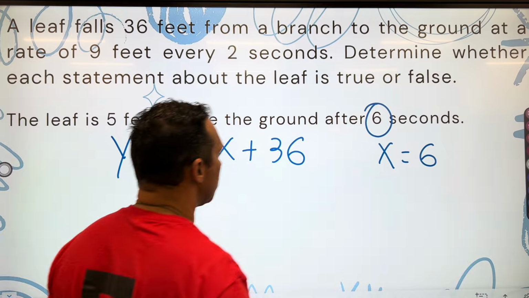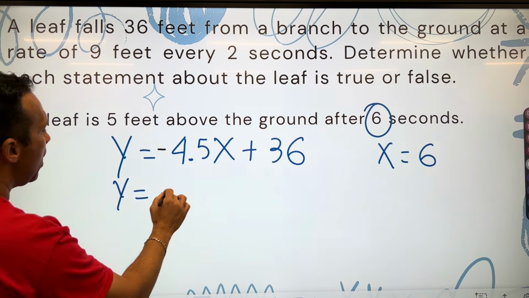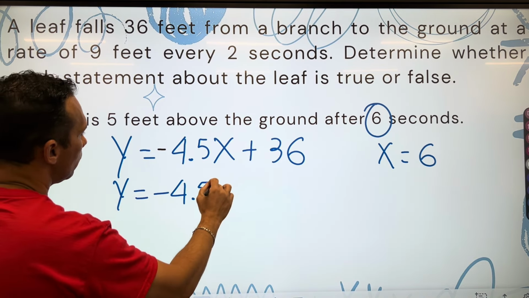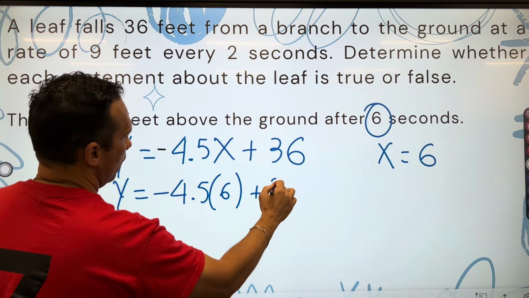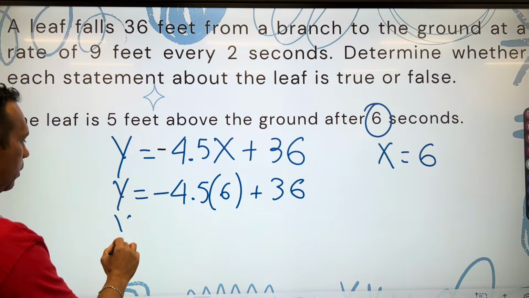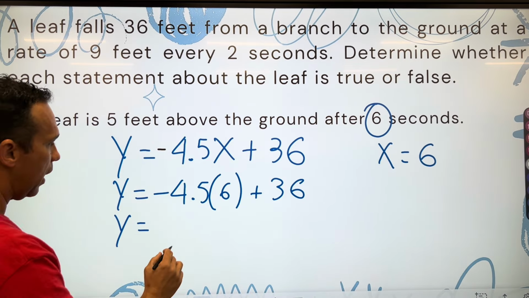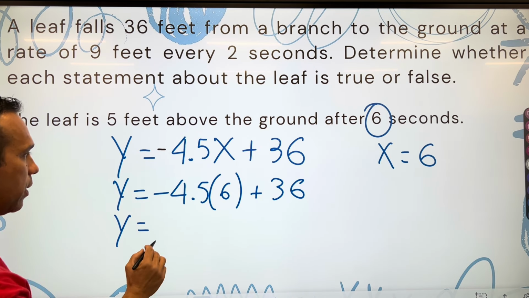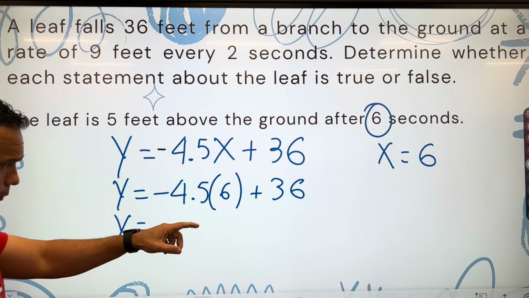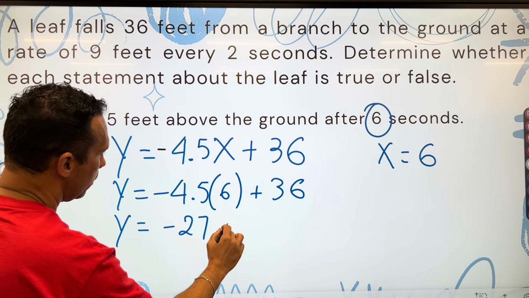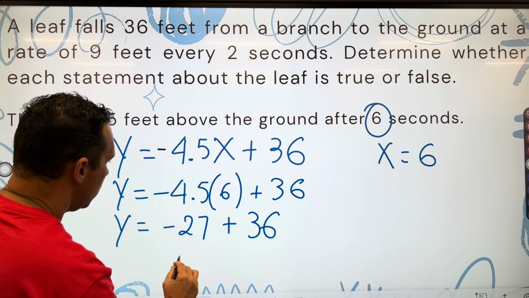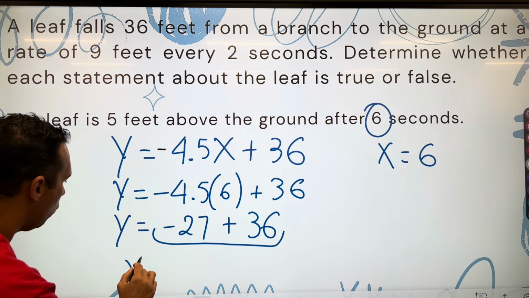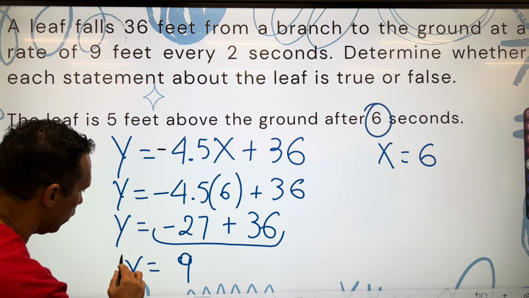So x equals 6. If you do this quick math, we multiply that, we get negative 27 plus 36. The height equals 9.